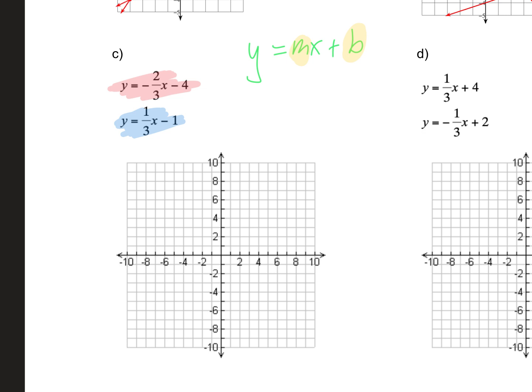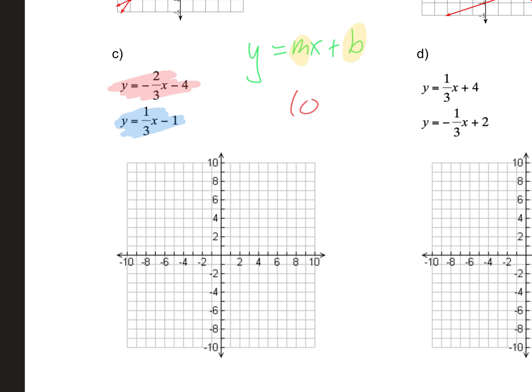So if I look, the y value in this equation is going to be represented by this -4. So our y-intercept is going to be at a point, and that point, remember we said for any y-intercept, the x value is always 0, and then the y value will be represented by whatever number comes in this part of your slope-intercept form equation.